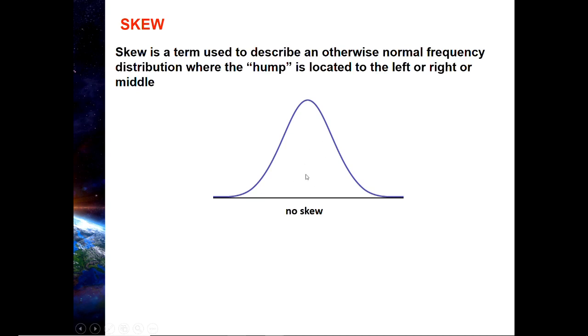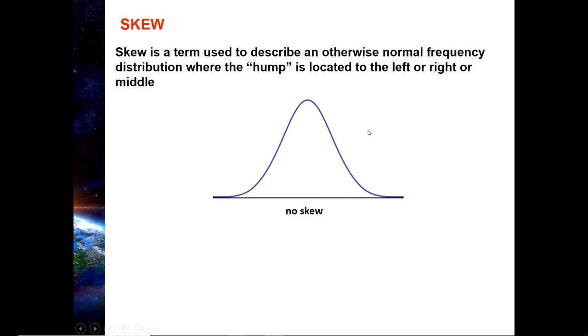In a normal distribution, there is no skew, because the hump is found right smack dab in the middle here. We actually have a way to calculate skew. If we calculated it, skew would equal 0, no skew.